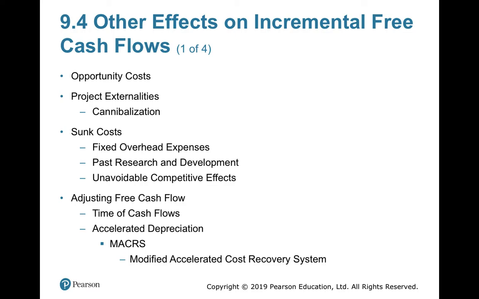Sunk cost. The fixed overhead expenses, past research and development. For developing a new product, a lot of research and development takes place. For example, the vaccine came for COVID-19. Whether AstraZeneca developed it or Pfizer developed it, both have spent billions of dollars on the development of the particular vaccine under the head research and development.